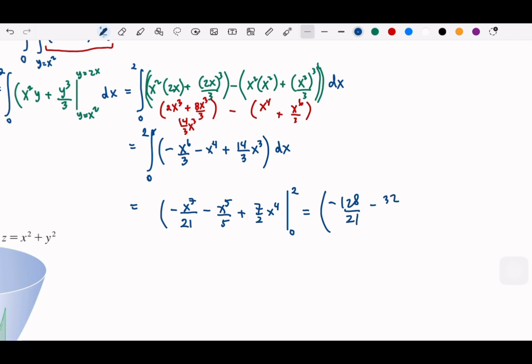This is 32 over 5. It's 16. 112. Is this okay? Okay, I think we can turn this into the calculator.